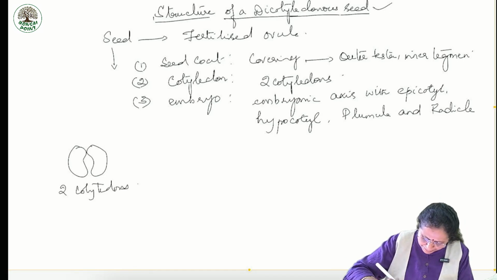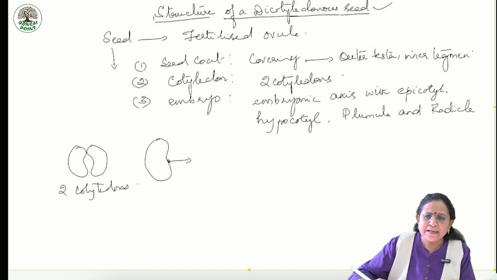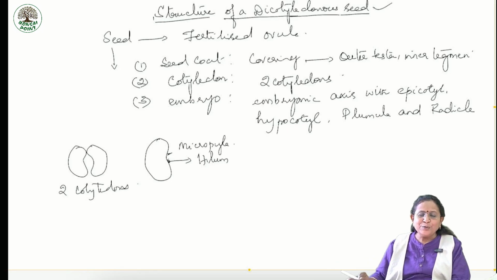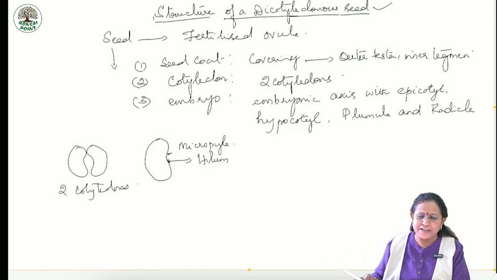There is a white scar here, that is nothing but the hilum. Just above the scar is the opening, which is called micropyle. Through this micropyle, the water enters and facilitates seed germination.